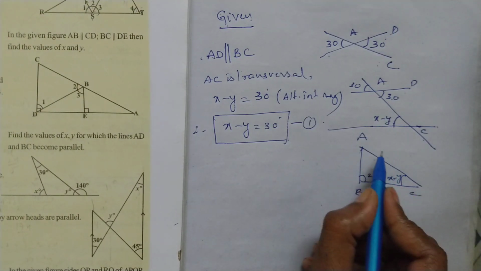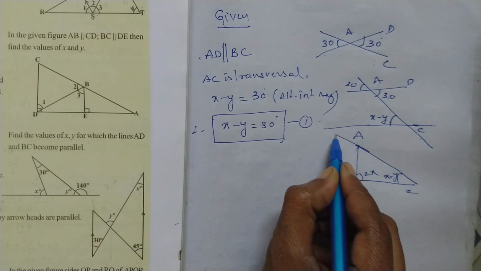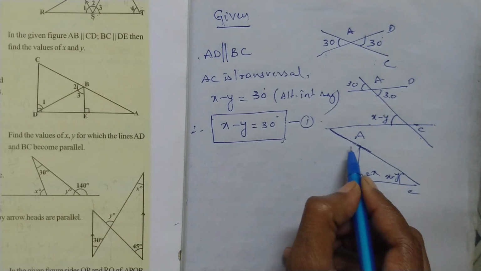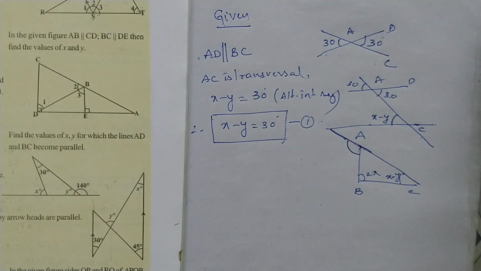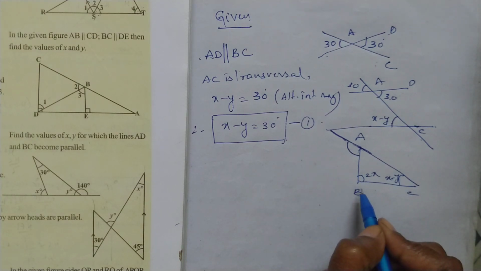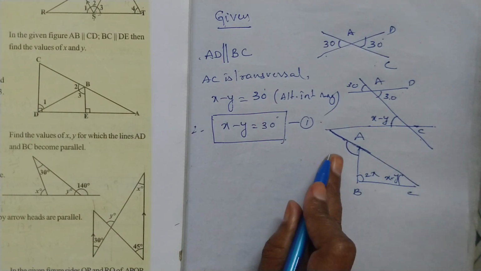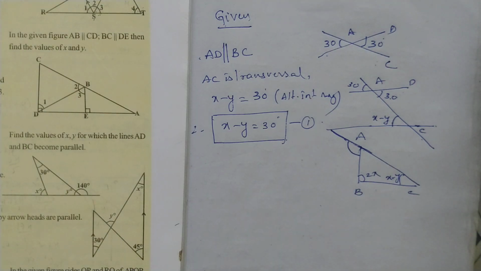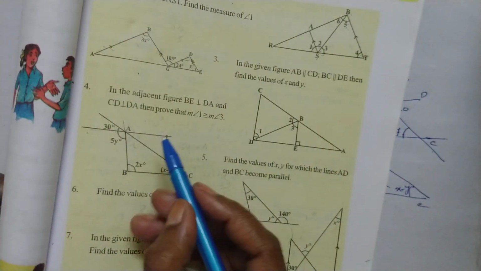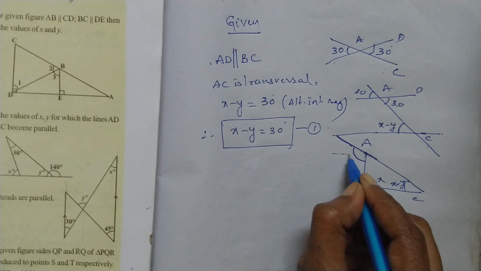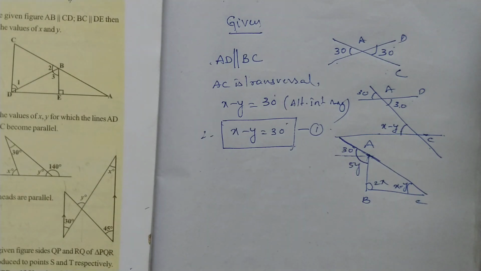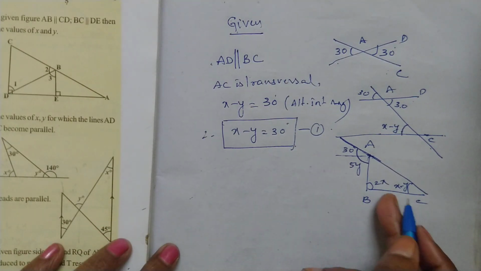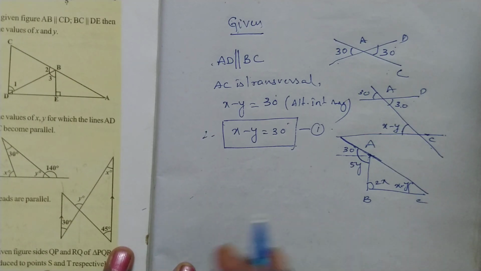The line AC is extended from A, forming an exterior angle of the triangle. The exterior angle of a triangle is always equal to the sum of the two opposite interior angles. Here the exterior angle is 30 degrees plus 5y.